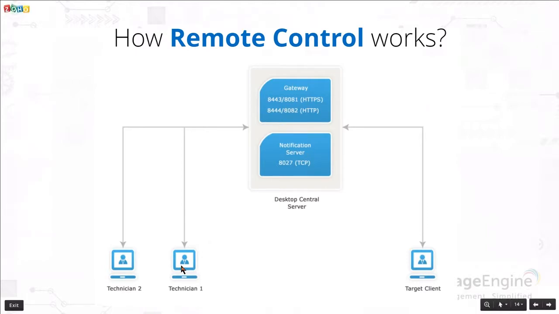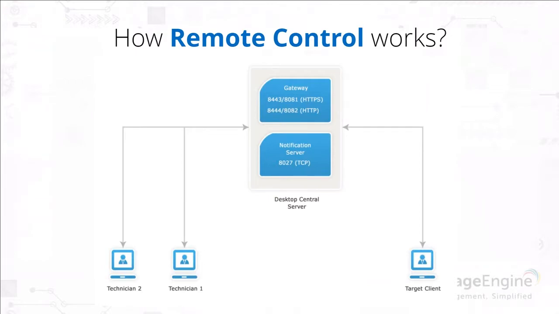As soon as you click on connect, it raises the request, and on the Desktop Central server, we have a notification server component running, which is responsible for all the on-demand activities. It listens to the request and forwards it to the target client, where we already have our agent running.